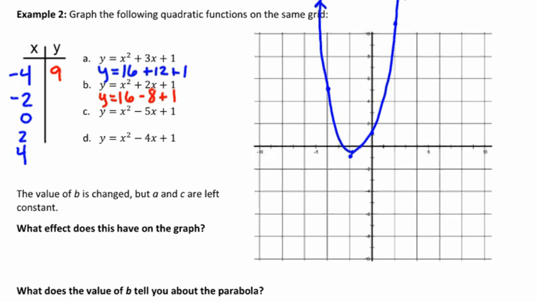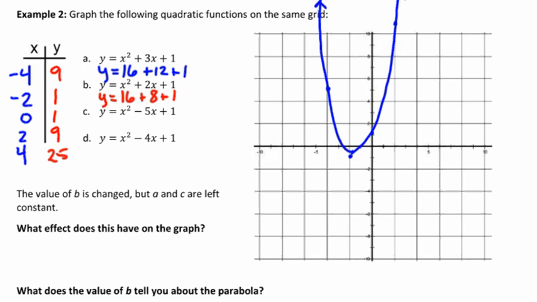Plugging in -2, -2 squared is 4, plus 2 times -2 is -4, plus 1, which is just 1. 4's will cancel there. 0 squared plus 2 times 0 plus 1 again is just 1. 2 squared is 4, plus 2 times 2 is 4, plus 1 gives us 9. 4 squared is 16, plus 2 times 4 is 8, plus 1, which is 25.